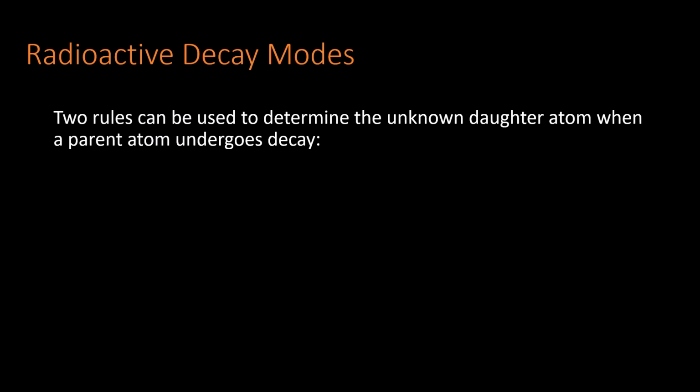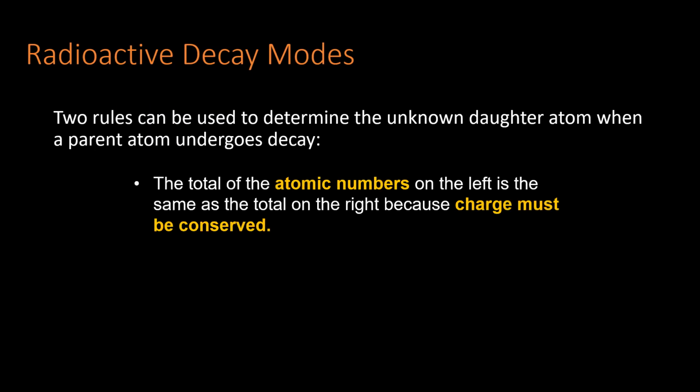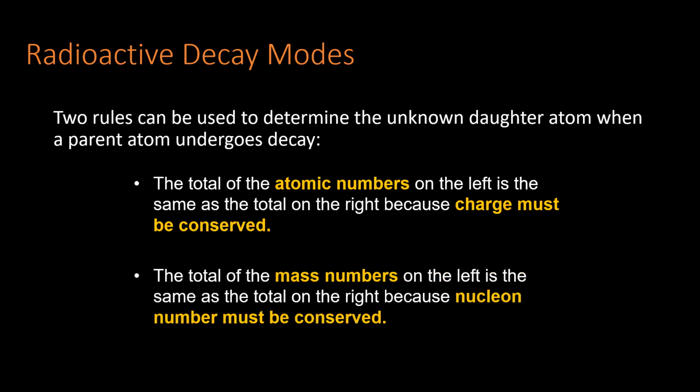Okay, I was going to stop, but let me just quickly do rules for the radioactive decay modes and show you a summary table. So you can use 2 rules to determine the unknown daughter atom when a parent goes under decay. First, you want to look at the total of the atomic numbers on the left, if it's the same as the total on the right, because obviously charge needs to be conserved.